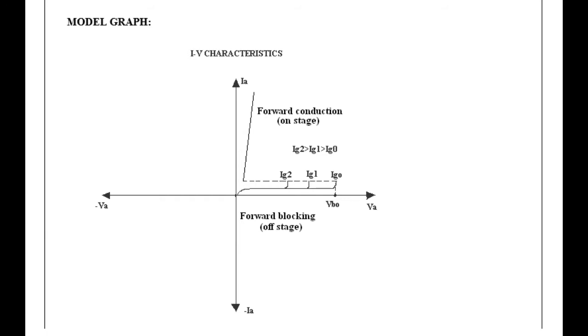Once anode cathode voltage reaches above the forward breakover voltage, SCR starts to conduct and there is a sudden increase in the anode current. Correspondingly, the voltage across anode cathode is reduced. This characteristic is drawn for different gate current.